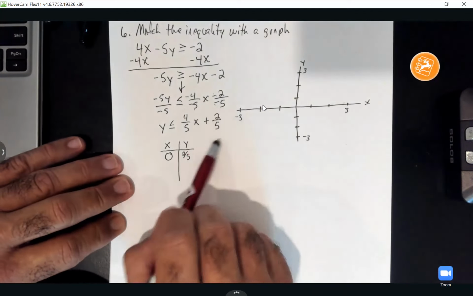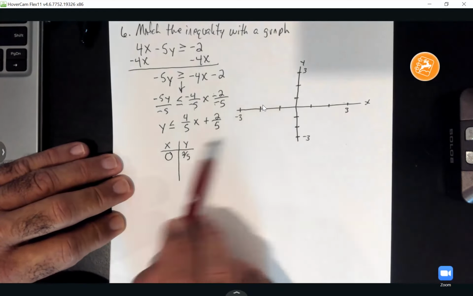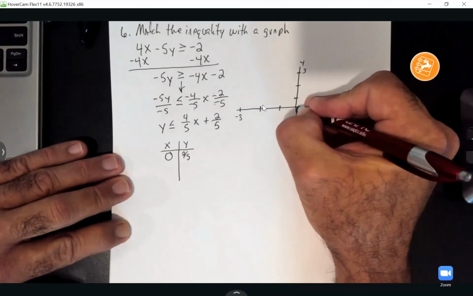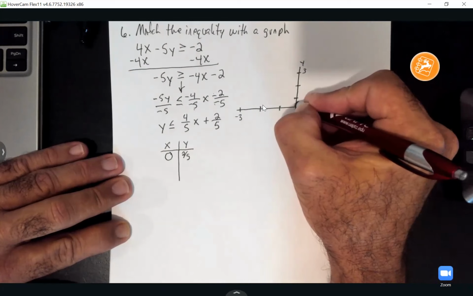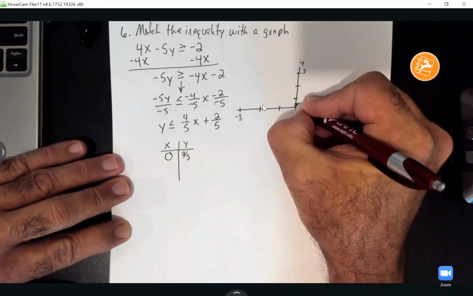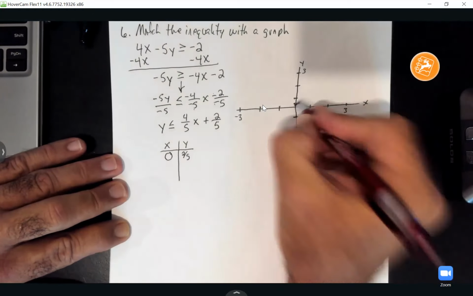So that goes back to that. Remember, that's the y-intercept. So the y-intercept is where it crosses the y-axis when the x is 0. So y'all, 0, 2/5. So if I was going to mark this into fifths, I would only be up a little bit between 0 and 1. So my first point will be right there.